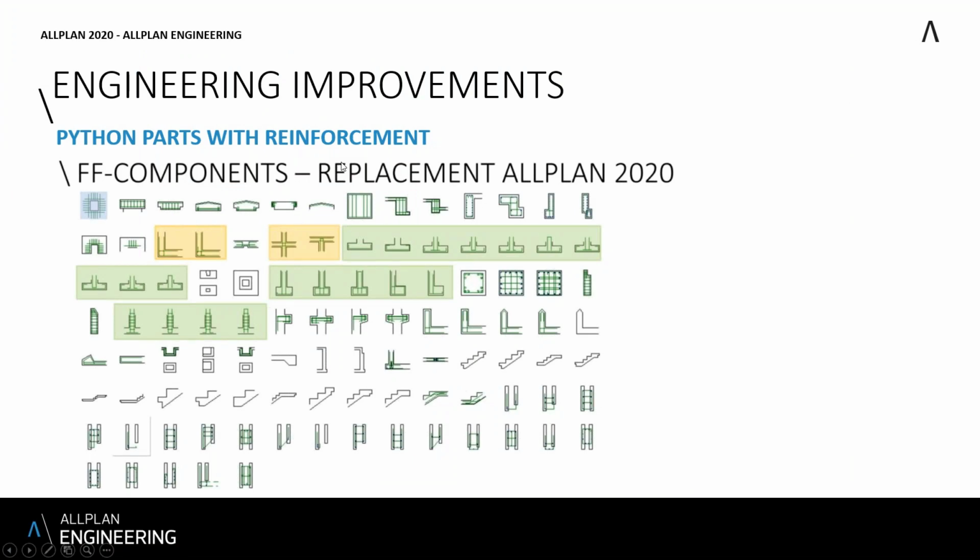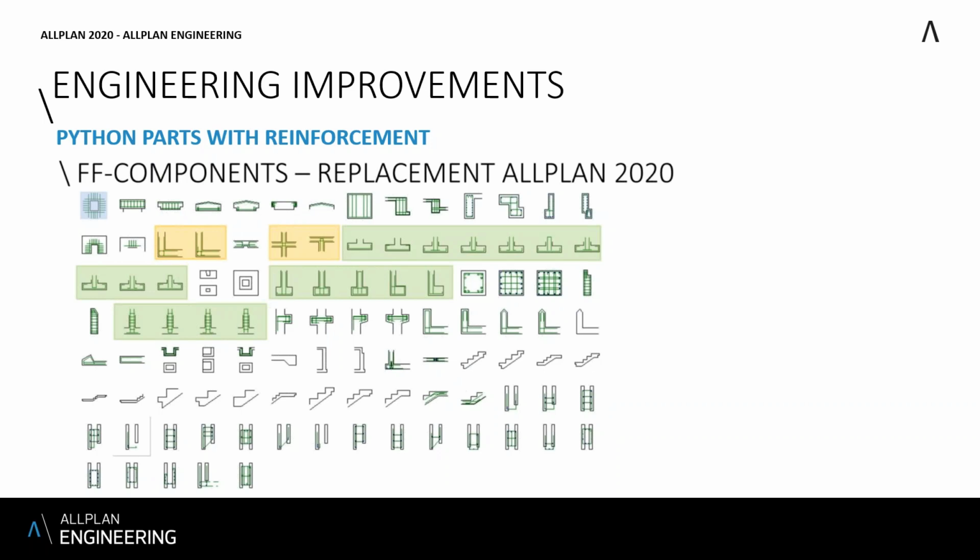Now, as you know, Allplan is going through an adaptation phase. They are going from formwork finder components, they're replacing them with Python parts. So most engineers loved formwork finder because there was quite a nice database that brought engineering details. They adapted to the section and started with already placing bars at different settings of placement and diameters.